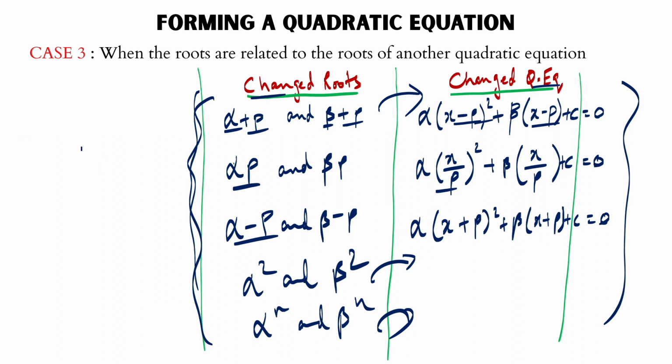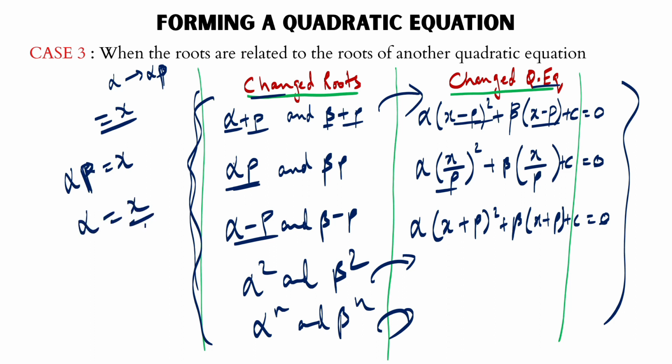One thing to remember: whatever is the change, just equate that with x. For instance, let's say alpha is changed from alpha to alpha into p. Then what you must do is equate alpha p with x. If you equate alpha p with x, what do you get?